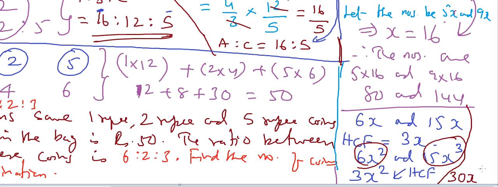You have to take the highest power among the common variable, say x is common in both, so you need to take the highest power, so 30x cube. So that's the LCM. So for 6x square and 15x cube, HCF is 3x square and LCM is 30x cube.